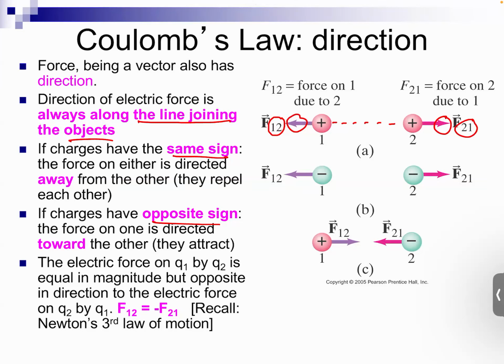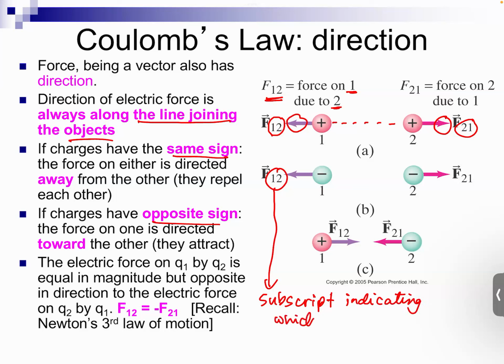Just a note here, because often students are confused by this subscript. The subscript here tells you which charge you're talking about. So F12 means the force on charge 1 due to charge 2. So this is just a subscript indicating which charge exerts what force.